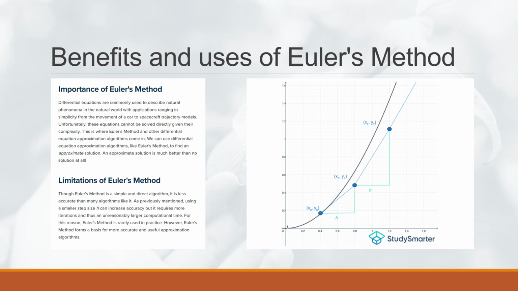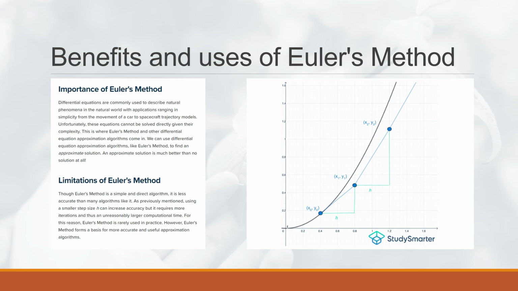Finally, this brings me to the benefits and uses of Euler's method. Euler's method is beneficial for the use of differential equations, as these are used to describe natural real-world things that do not necessarily have a straightforward answer that you can just solve on a sheet of paper. These approximation algorithms, like Euler's method, are used to solve these complex real-world problems to find a solution.